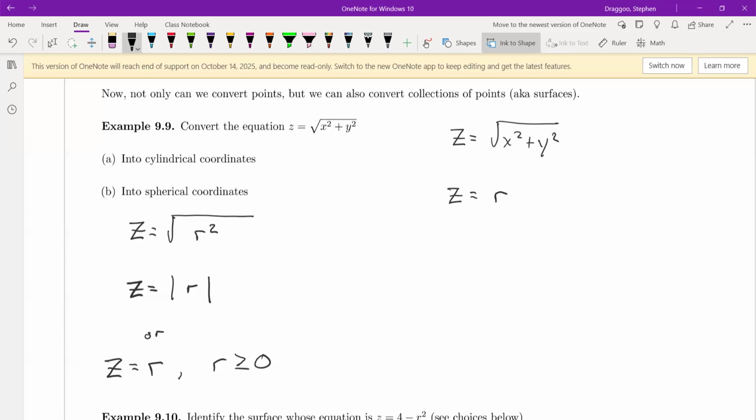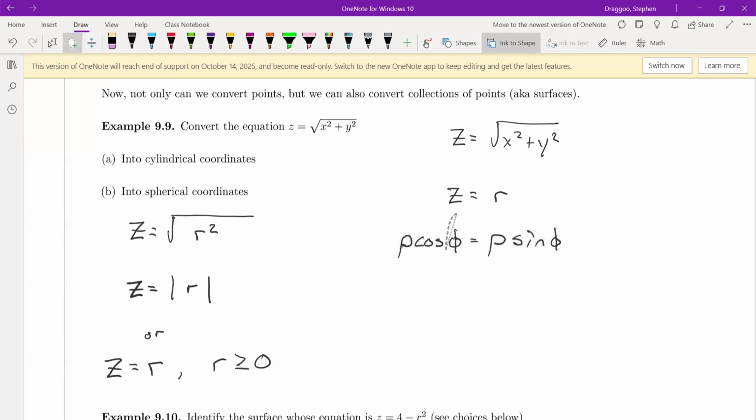And we'll just know in our hearts that r needs to be a positive value. And I'll convert those two bits into spherical coordinates. Z, I know, is rho cosine phi. And r, I know, is rho sine phi.